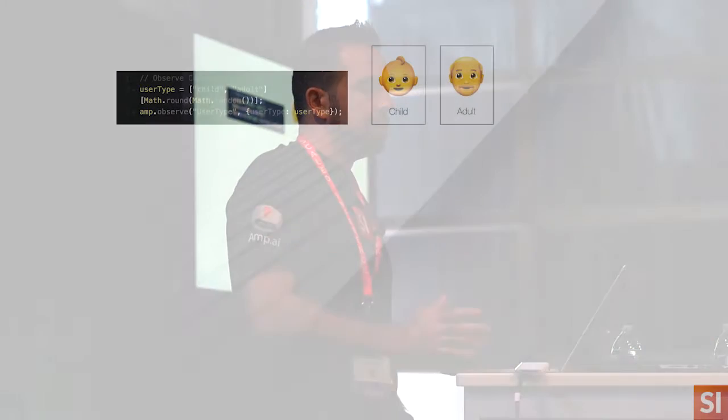To understand how these things interact in this hello world example, let's visualize all the possibilities. First, we observe the context. In this case, this is simply whether the user is a child or an adult, which is determined randomly, which you can think of as a random user coming to our website or opening our app.